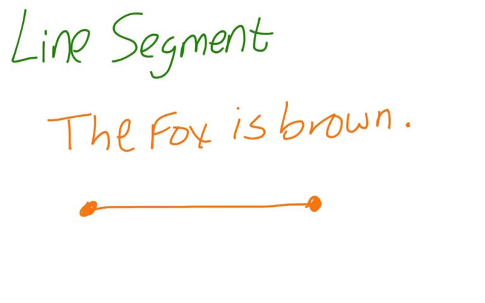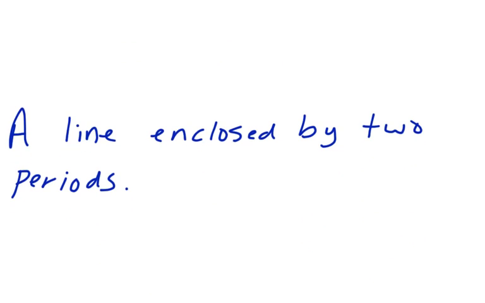And the line cannot go any further than the two periods because the periods mean that is the end of that line. So if it has two periods on there, that's as far as that line can go. And here's the definition. This is a line enclosed by two periods.